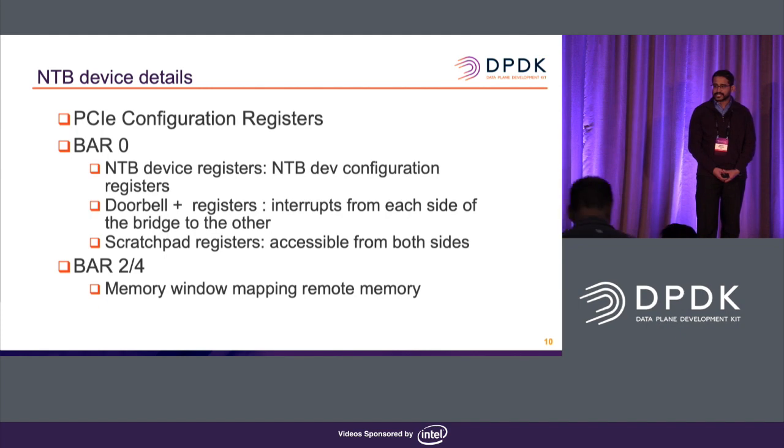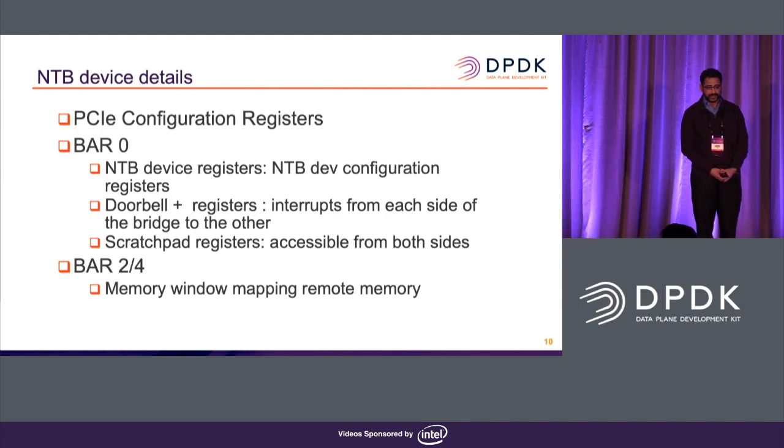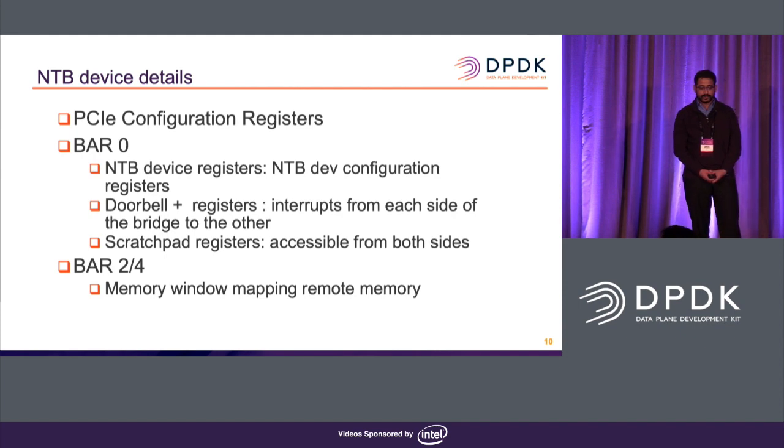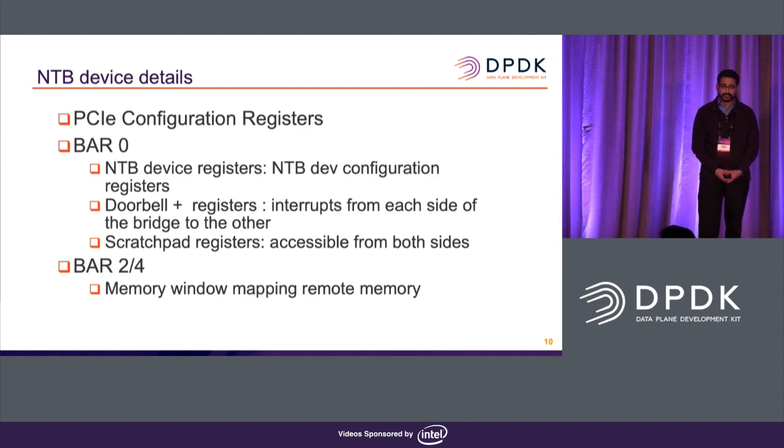The previous animation on the previous diagram I showed is classified as the memory window. We implemented all three inside DPDK, but doorbell registers are useful for sending an interrupt to the other side, and the scratchpad registers are used for sending a small amount of data between two sides. But the memory window can go from 4 kilobytes to 256 gigabytes.